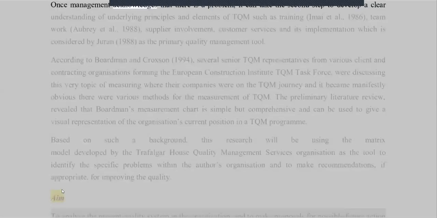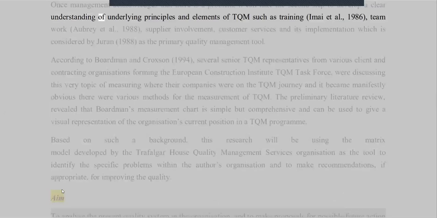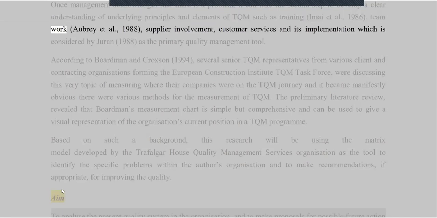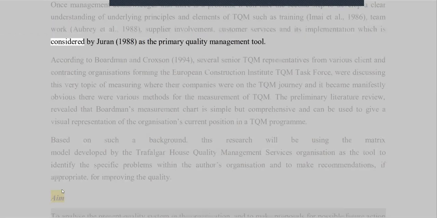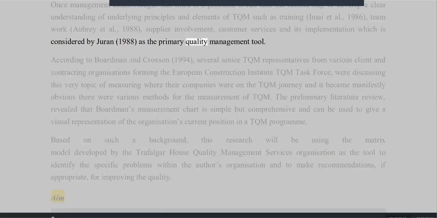Once management acknowledges that there is a problem, it can take the second step to develop a clear understanding of underlying principles and elements of TQM such as training, Imai et al., 1986, teamwork, Aubrey et al., 1988, supplier involvement, customer services and its implementation, which is considered by Juran, 1988, as the primary quality management tool.